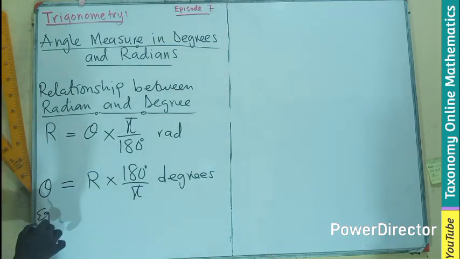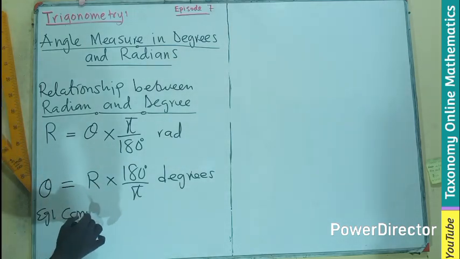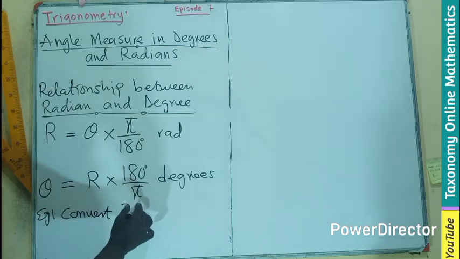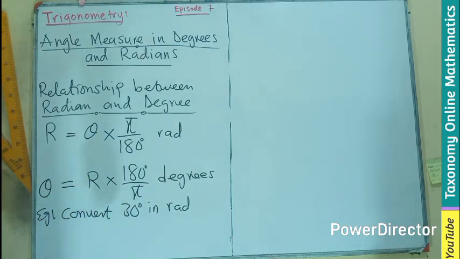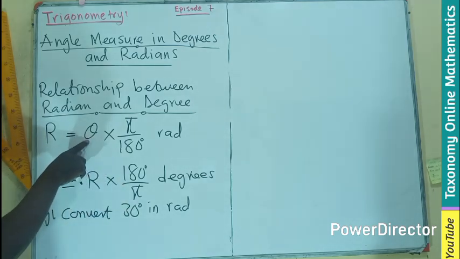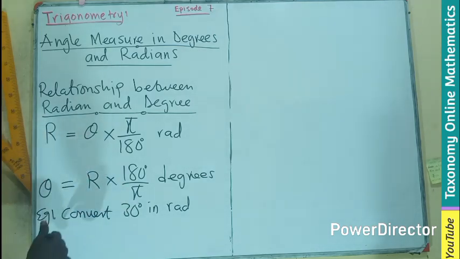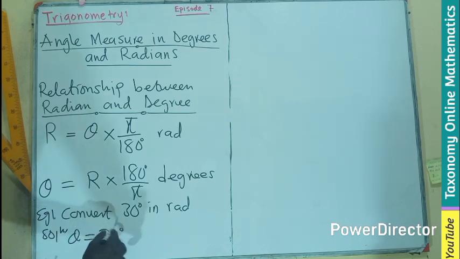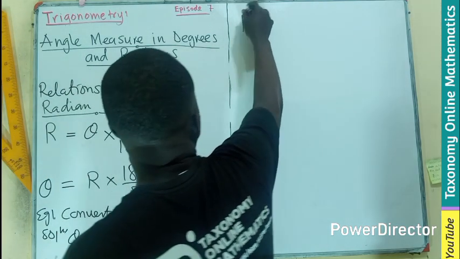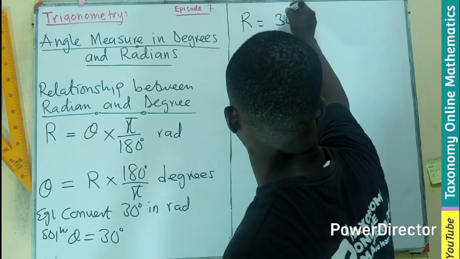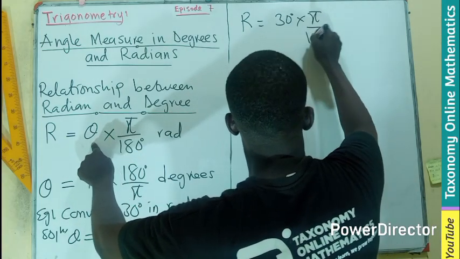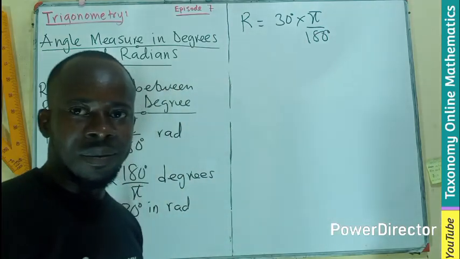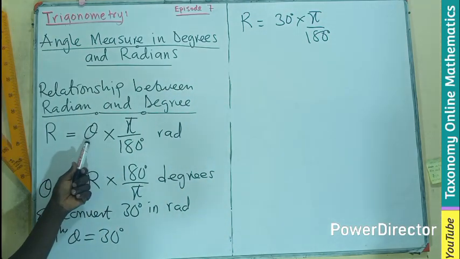So if I have example 1, we are to convert, let's say, 30 degrees into radian. What should I do? This 30 degrees is representing theta, and I'm looking for radian. So your solution becomes: your theta is 30 degrees, and the R you are looking for is now 30 degrees times pi on 180 by just this formula.